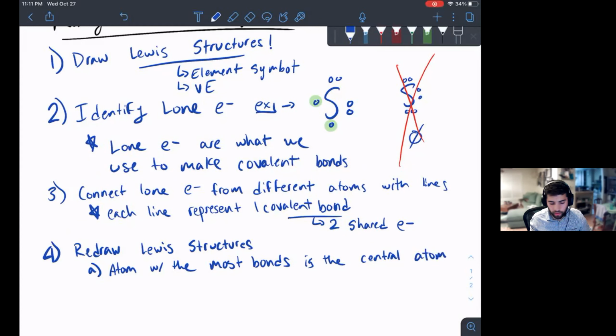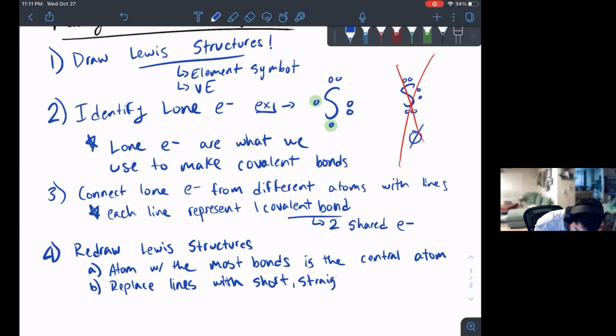So when we draw it, whichever atom has the most bonds, it's going to be in the center. B, second thing, we will replace the lines from step 3 with short, straight lines. This seems like a pretty arbitrary step that's hard to wrap your mind around, but once we start working these out, it'll kind of make sense.